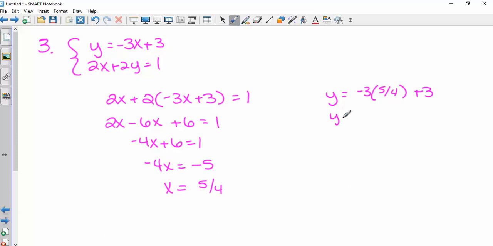So from here, negative 3 times 5/4 plus 3 is negative 3/4. Is that one okay?